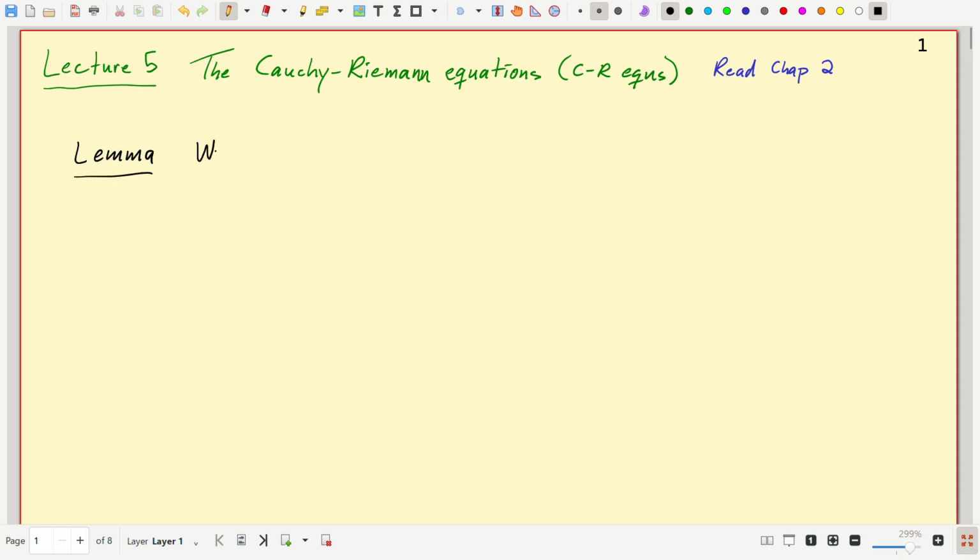We'll always today be writing f, a complex function, so it's a function of a complex number x plus iy, and it spits out a new complex number. And I'll call the real part of that u of xy, and the imaginary part v of xy.